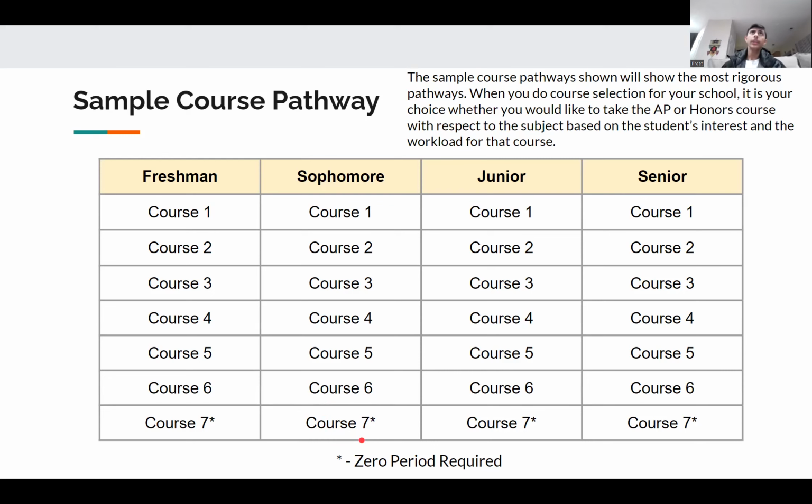Now, it is my understanding that not a lot of high schools offer 0 period anymore. So this is definitely something that you should consider when coming up with these course pathways. Some high schools do offer 0 period, so keep that in mind.